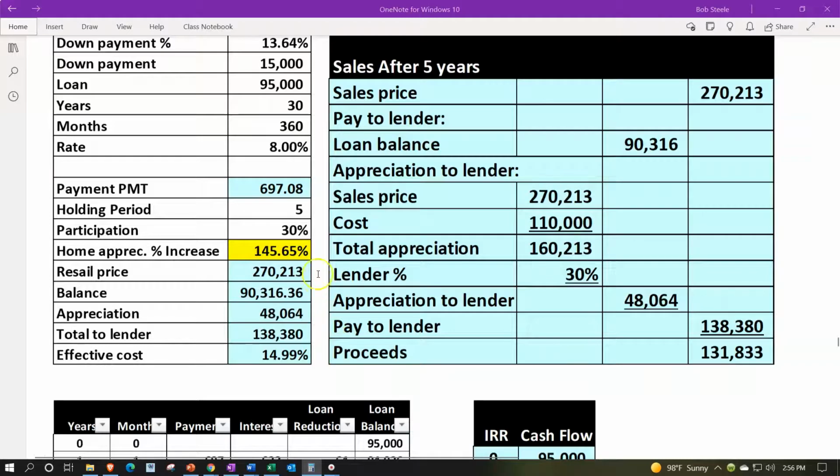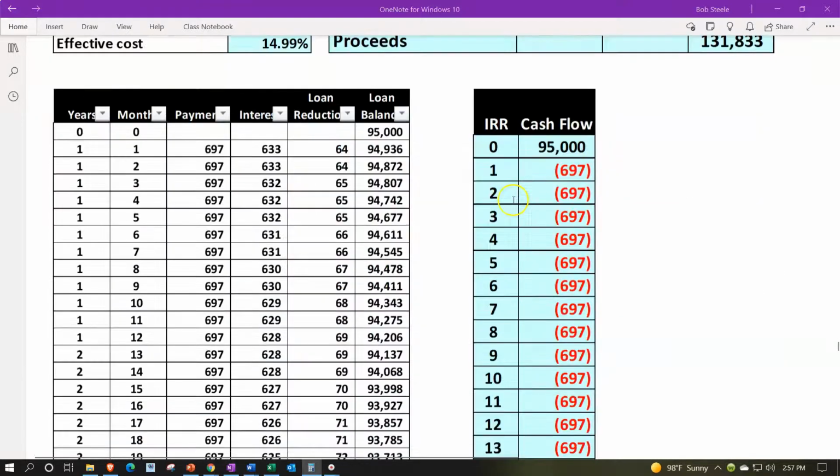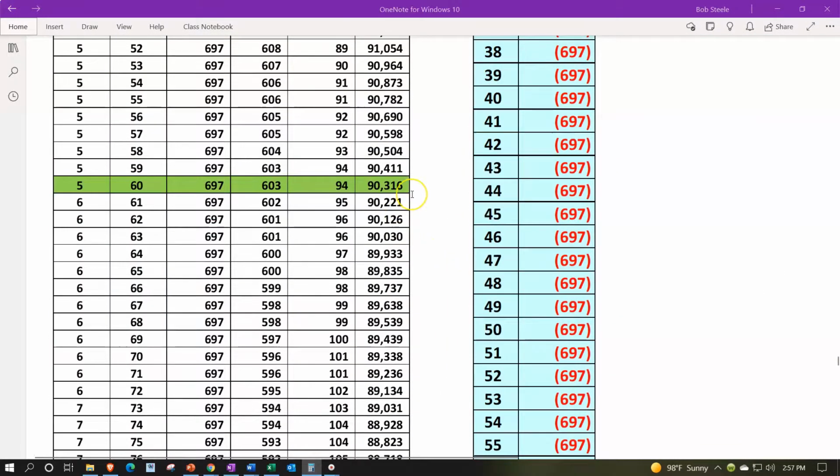So if that were the case, it would have to go up by $145,065, which would mean the sales price would have to be $270,213. If it sold for $270,213, the loan balance is going to be that $90,316 we get from the amortization table.